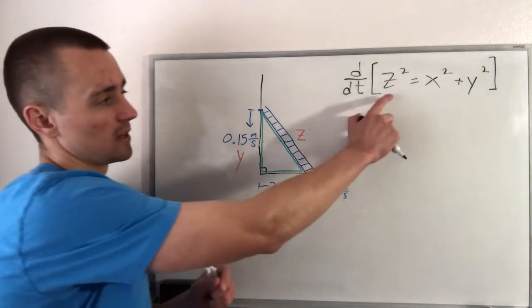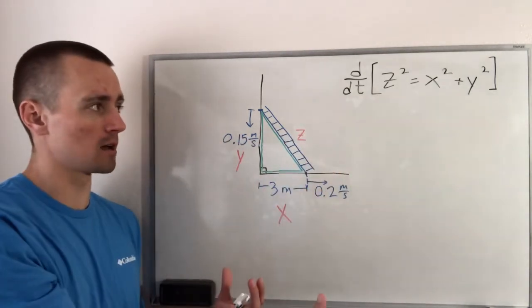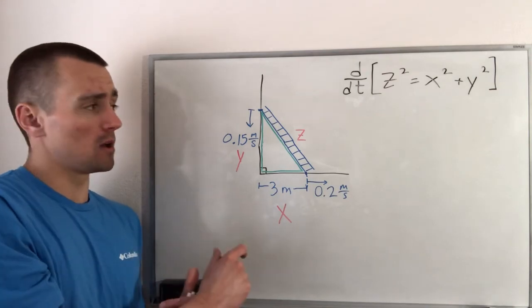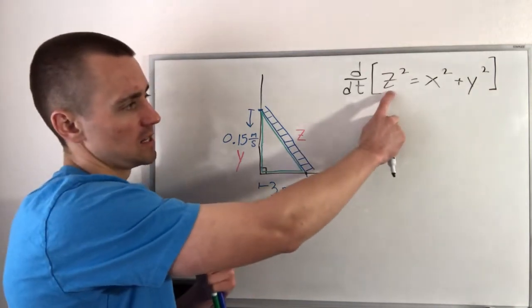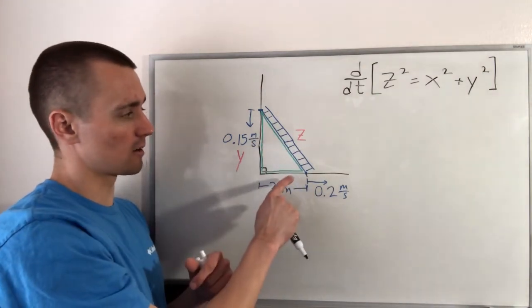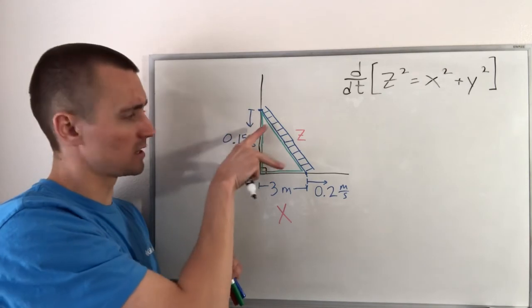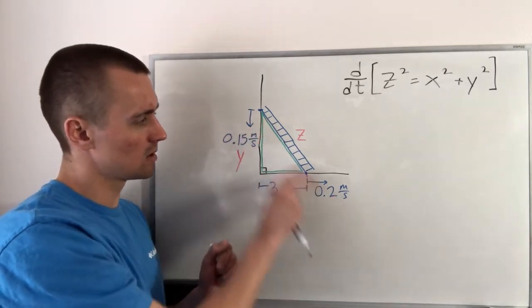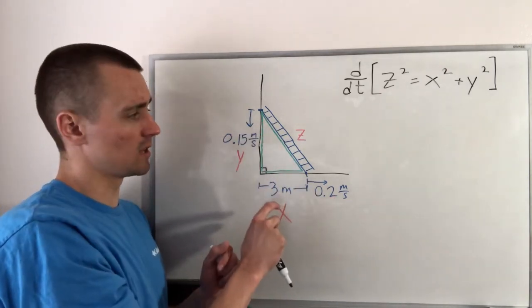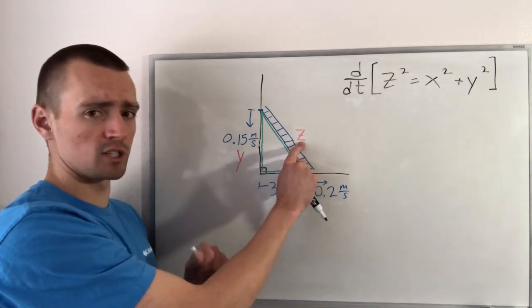So let's think about each of these three letters here. Obviously, none of them are t, none of them are time. But notice z represents the length of the ladder. Well, the ladder is not changing. The ladder is always going to be the same length. Even as it slides down, it's always going to stay the same length. So what that means is z is actually not changing over time.